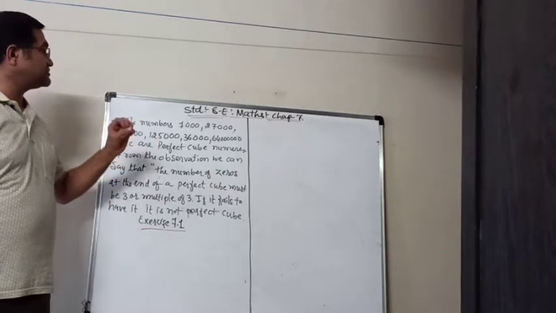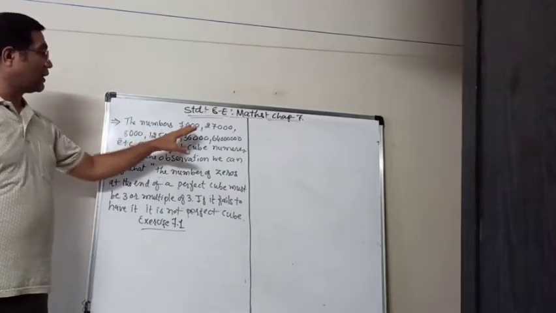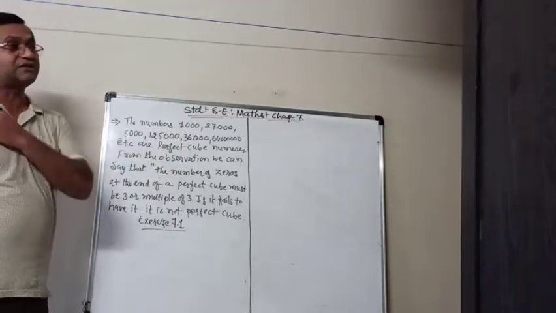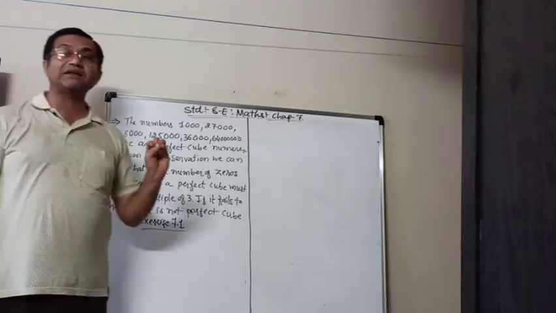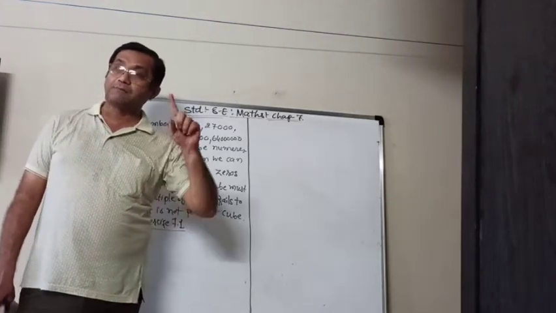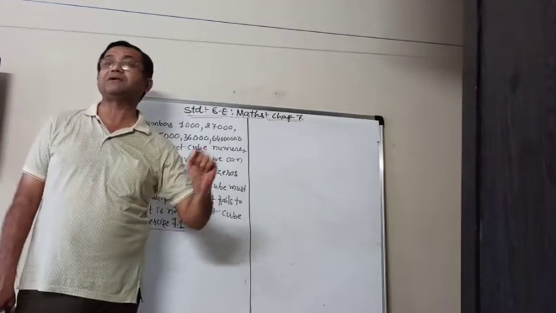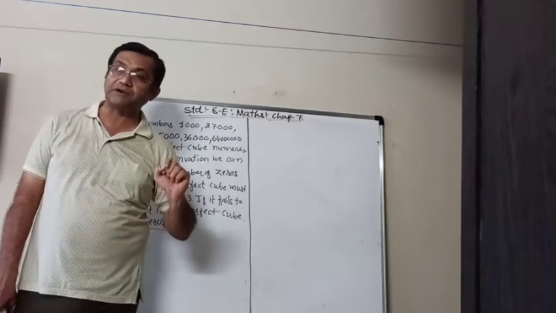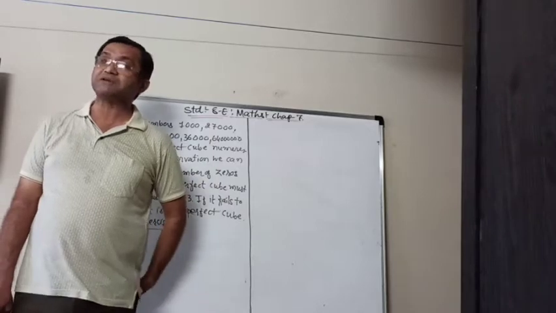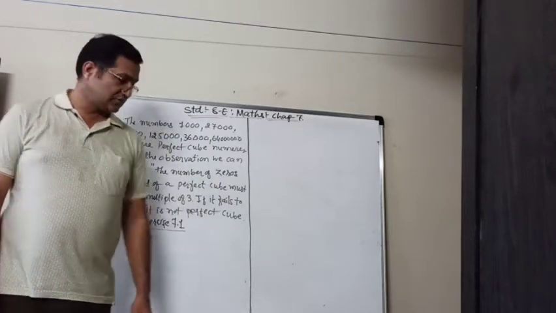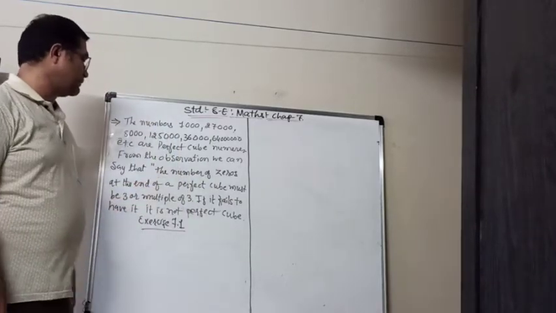So that is a very simple way: by observing, we can say whether it is a perfect cube or not. Check whether the number of zeros is a multiple of 3. If it is, then it can be a perfect cube. Not always, but it can be. That is the thing we have to remember.